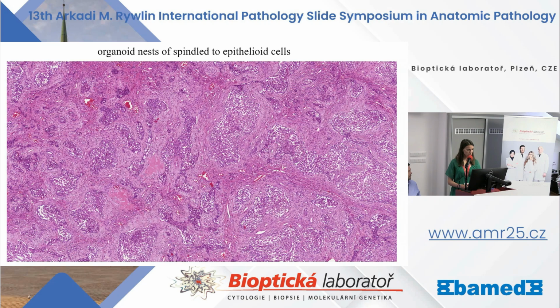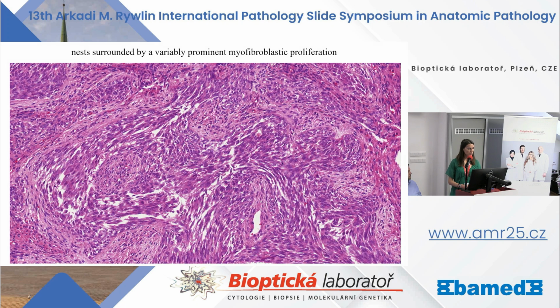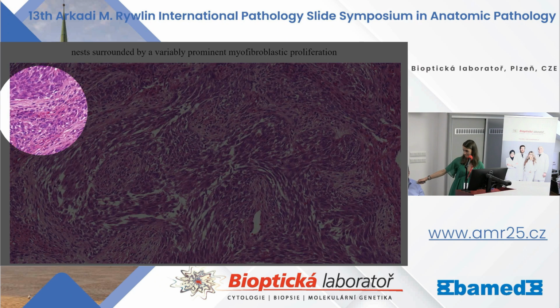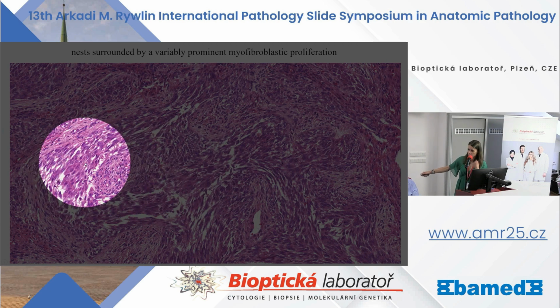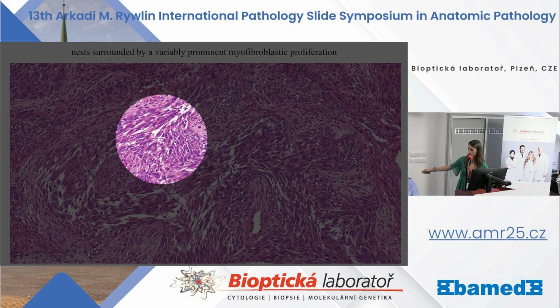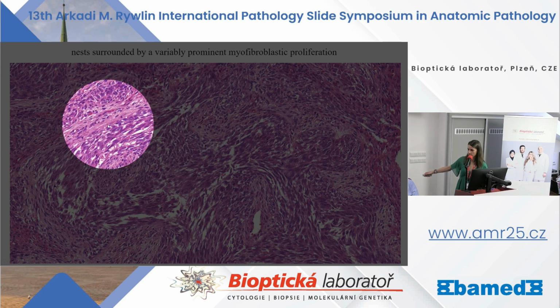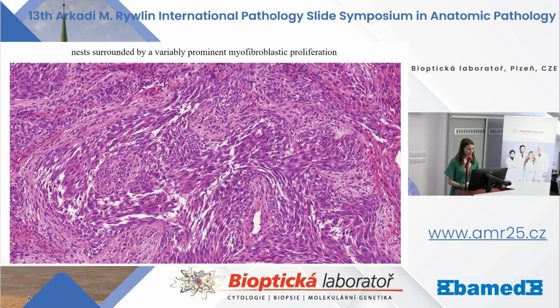From the histological point of view, here's a low power where we can appreciate organoid nests of tumor cells embedded in myofibroblastic stroma. Here is a higher magnification. We can also appreciate the nests of epithelioid to spindle tumor cells, which are surrounded by variably prominent myofibroblastic proliferation.